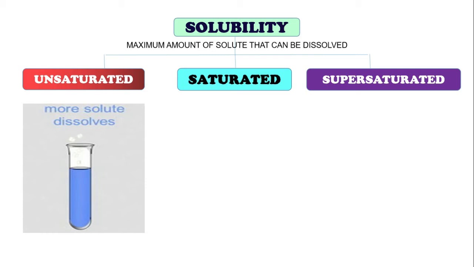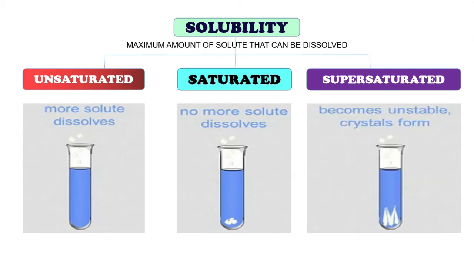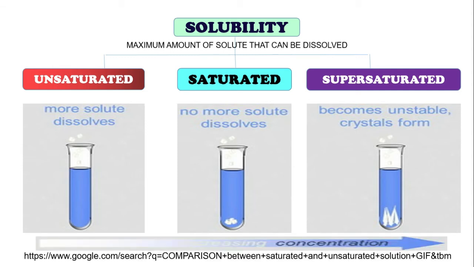Unsaturated solution: more solute dissolves, but the time will come that the particles of solute will no longer be dissolved and some particles will be seen at the bottom. We call this a saturated solution. If you add more solute, it will become unstable and crystals will be formed. And this time we call this supersaturated. The more solute you add, the more concentrated it will become.